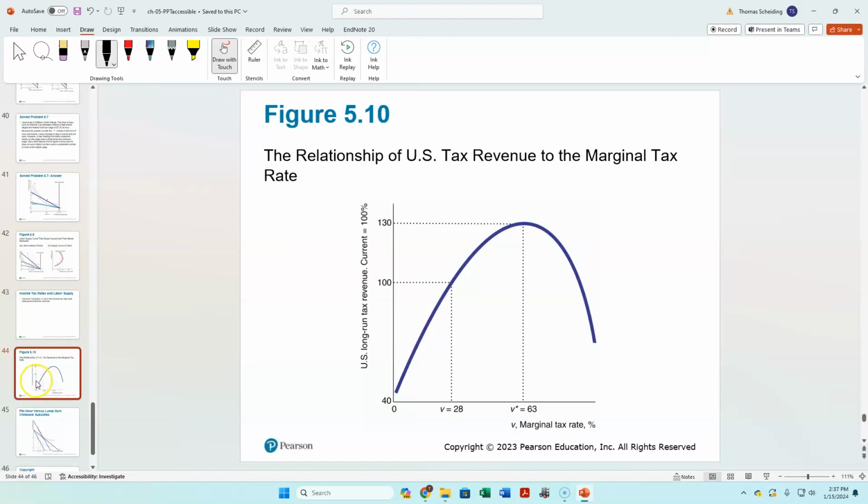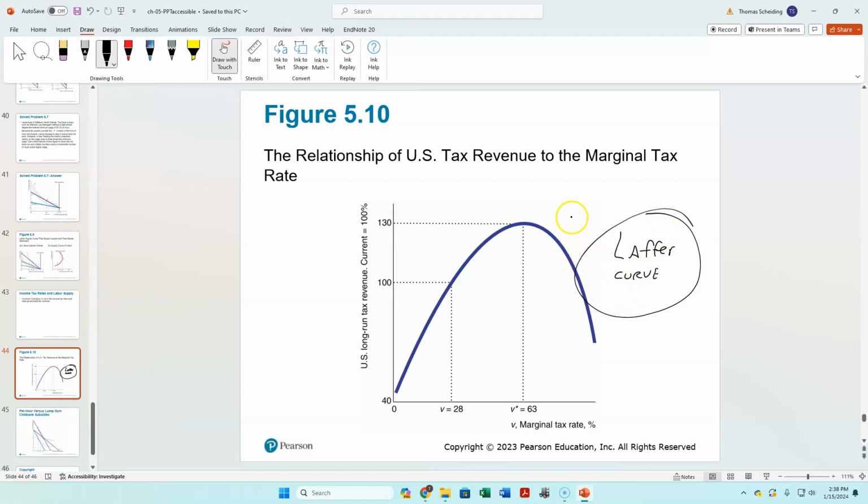And so you get this graph, which is called the Laffer curve, which becomes the basis of Republican tax theory.